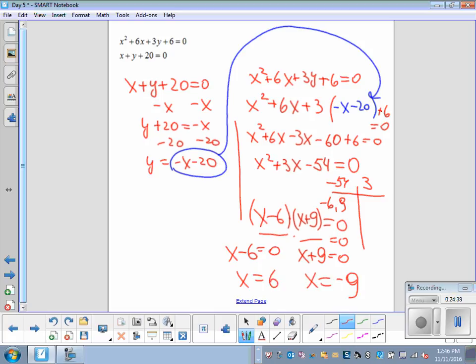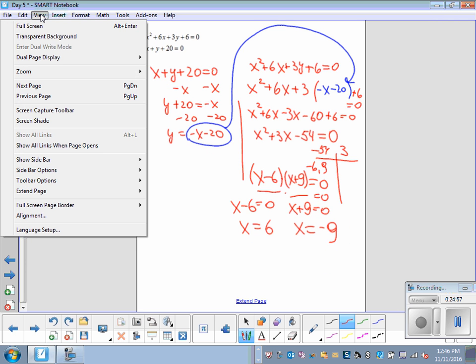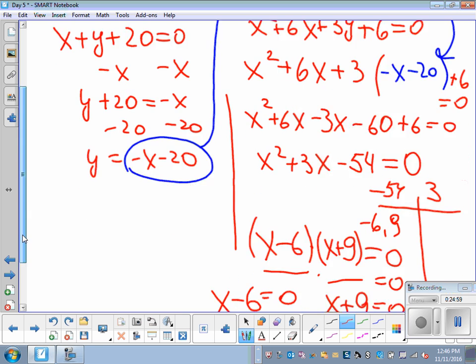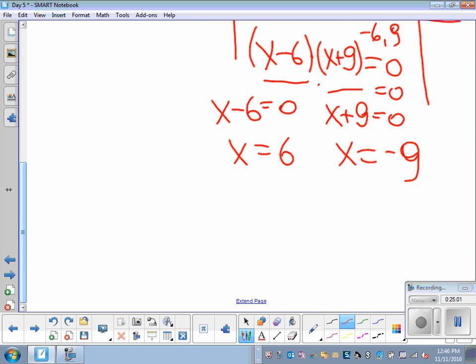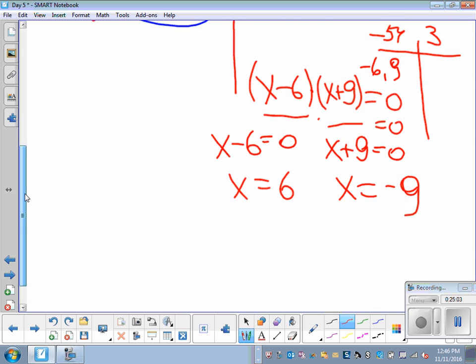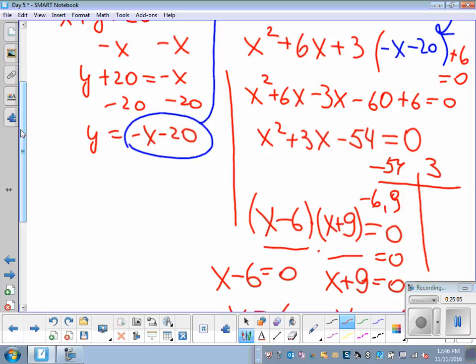Did I solve my system? No, not yet, because the system has two variables, x and y. I have two answers for x. How many different answers will I get for y? Two different ones, because what I need to do is plug in each of these x's and solve for y.